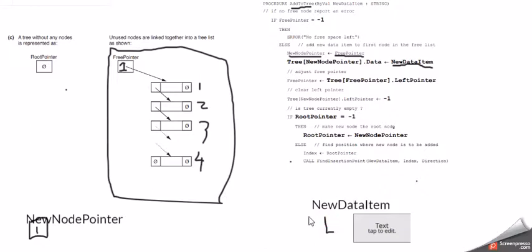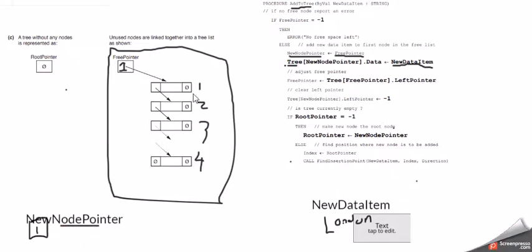So I'm just going to do L for London. So we're going to put that London into our tree, new node pointer, and its data side.